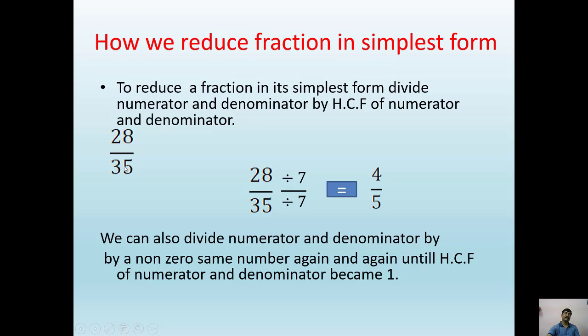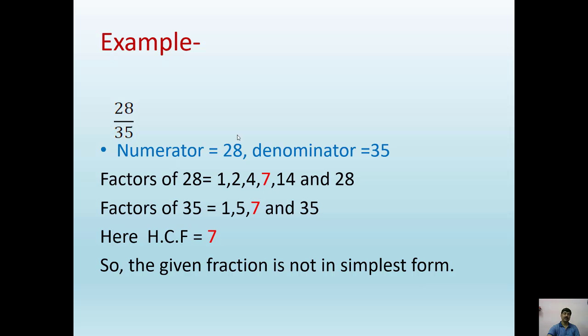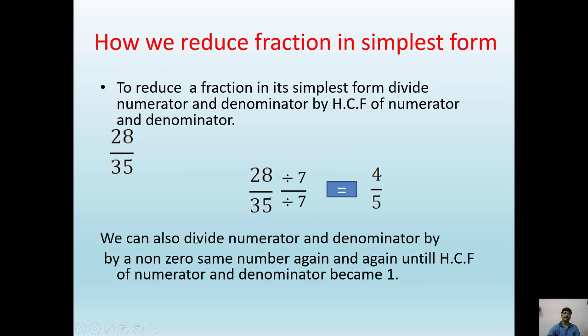So in the earlier slide, how can we change 28 upon 35 to the simplest form? In the earlier slide, we calculated the HCF. 28 and 35 have HCF 7. So here we will divide numerator by the HCF 7, denominator by the HCF 7.